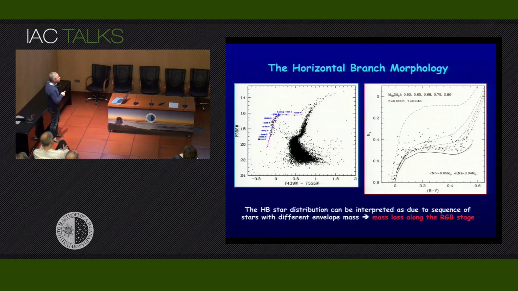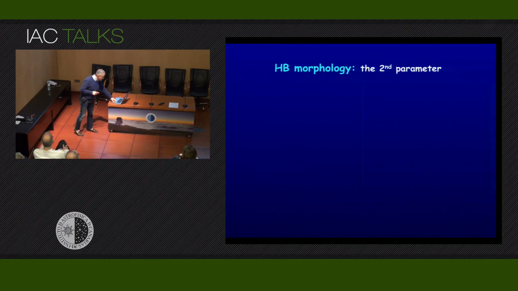For this reason, this approach has been used for estimating the efficiency of mass loss along the red giant branch, the previous evolutionary stage. Now we know that this approach, as a consequence of the discovery of multiple stellar populations, can no longer be applied. This can be applied only for dwarf galaxies, just between brackets, because in that case we know that there is no evidence of multiple populations. Okay? But this is another story.